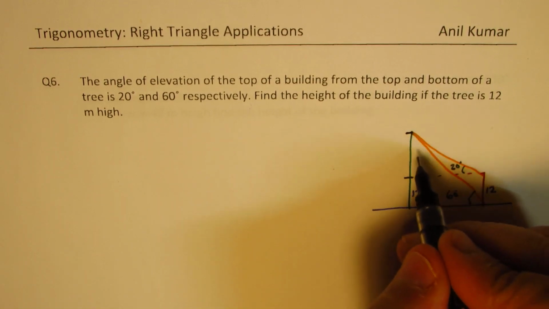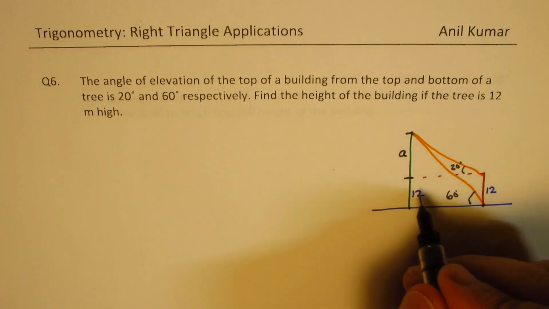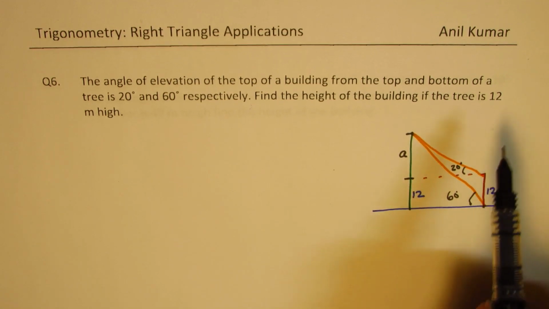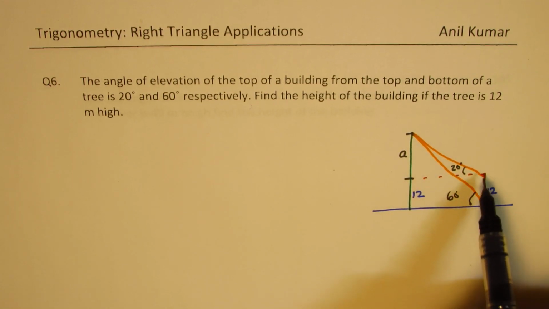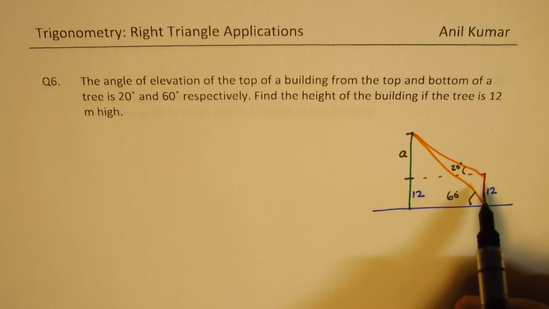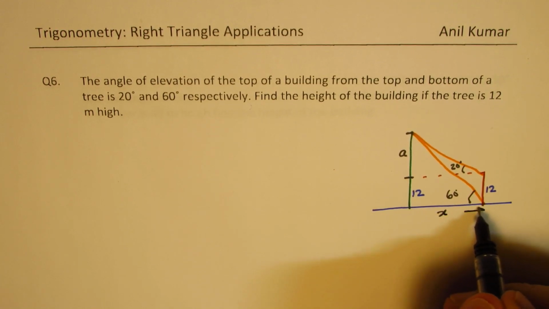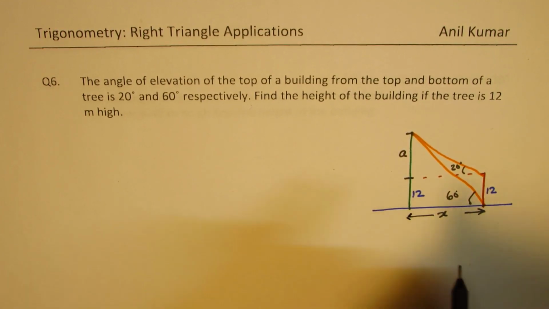Let's call this A, and we'll add 12 to get the total height. We are given this 12 is the height of the tree. Now let's find the distance between the two using the tan ratio first.